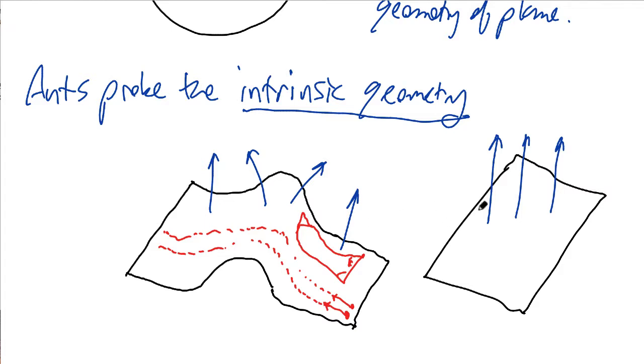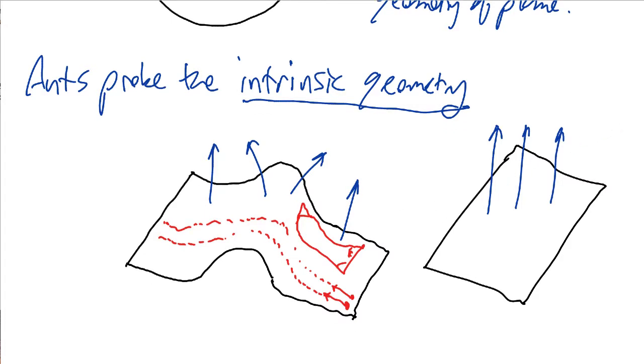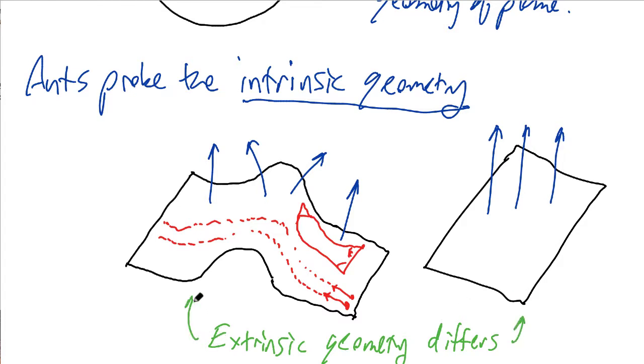So this is a distinction between what we call the extrinsic geometry. So between these two pictures, the difference is extrinsic, the way that these two-dimensional spaces are embedded in the higher dimensional, three-dimensional space. But the intrinsic geometry is the same in each case.